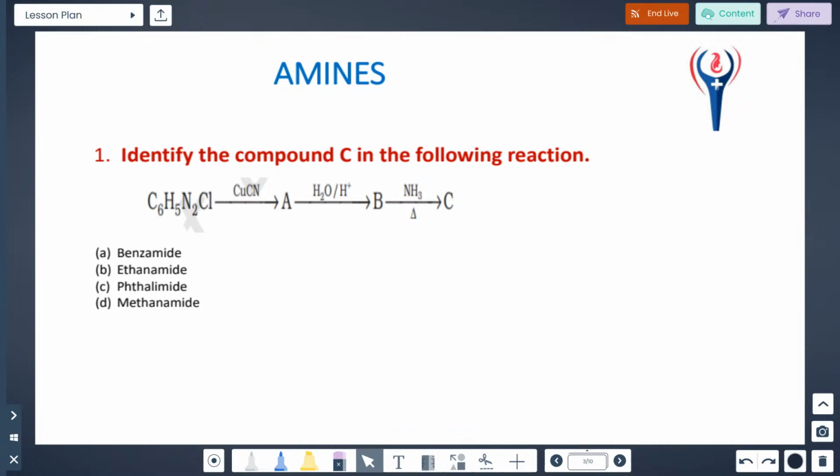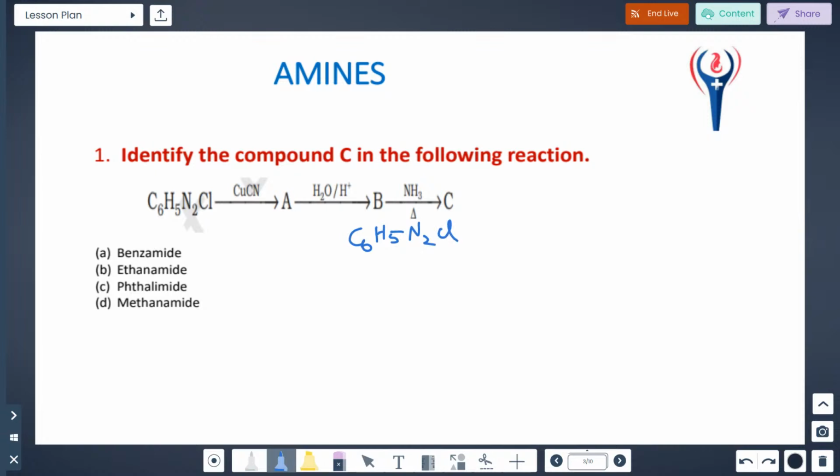Suppose here, you know the first one, benzene diazonium chloride. This is the formula for benzene diazonium chloride, C6H5N2Cl, which reacts with cuprous cyanide.